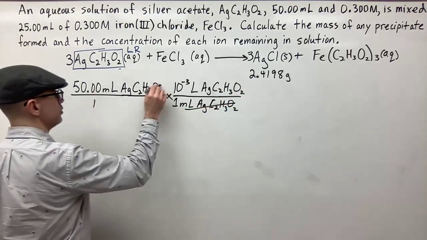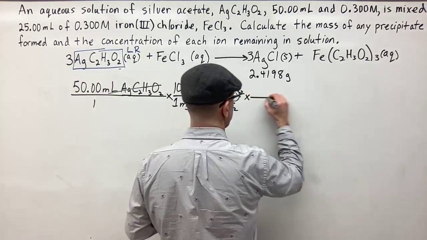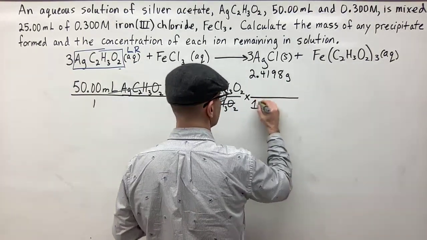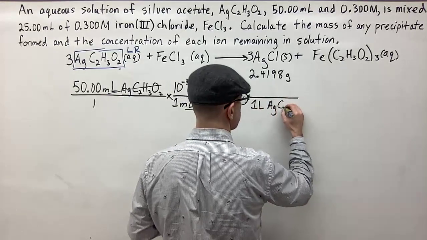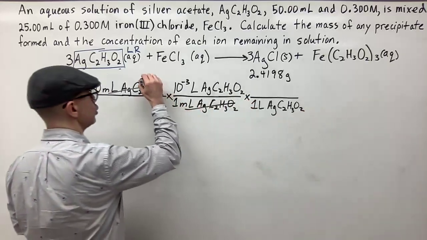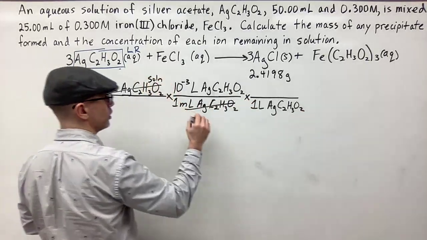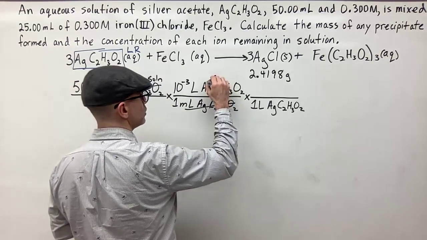So milliliters cancels out. Now we can use the molarity again. It's 1 liter of the silver acetate solution, C2H3O2. And again, this is solution, just so that we're clear, not the solute.